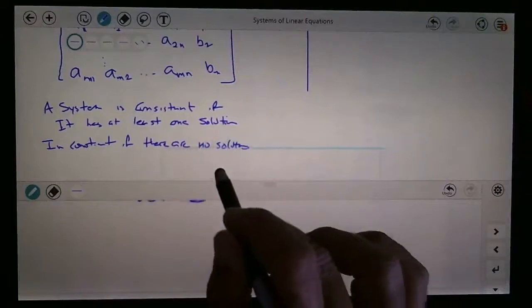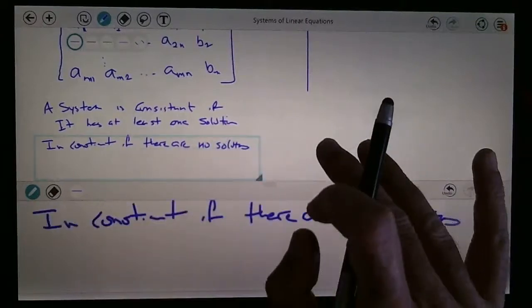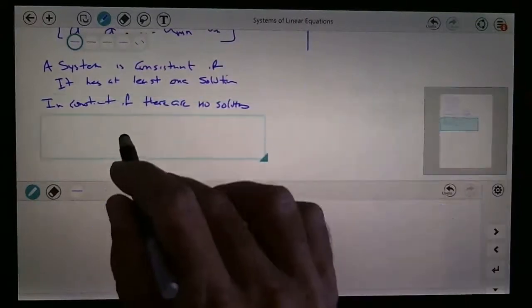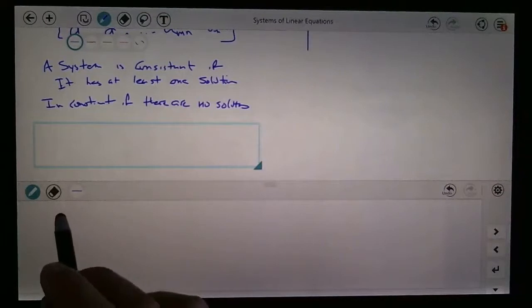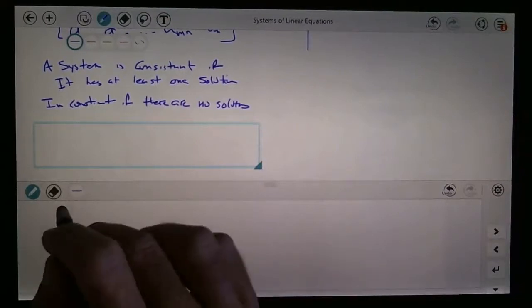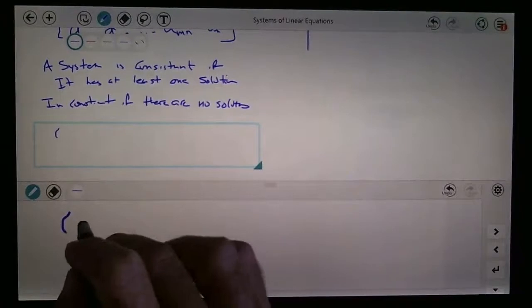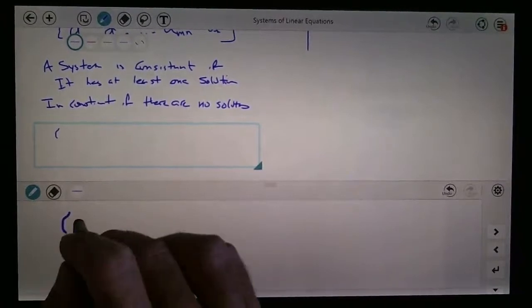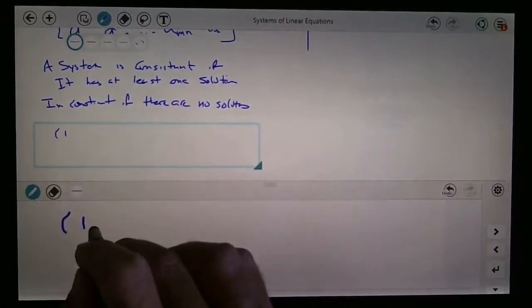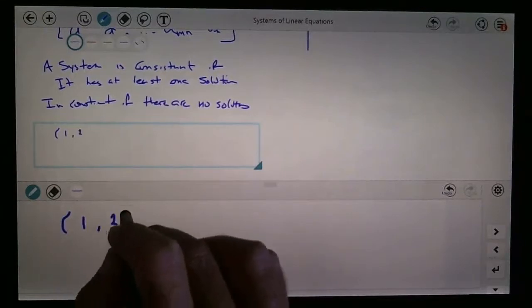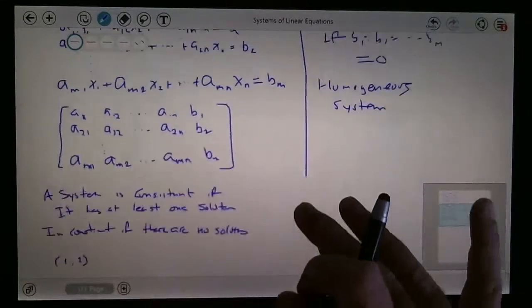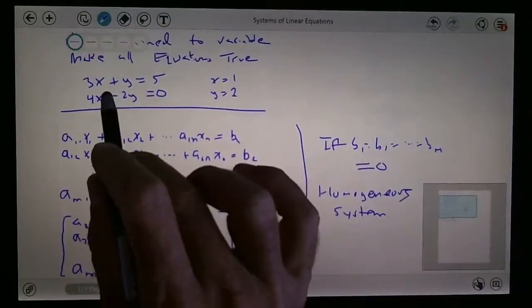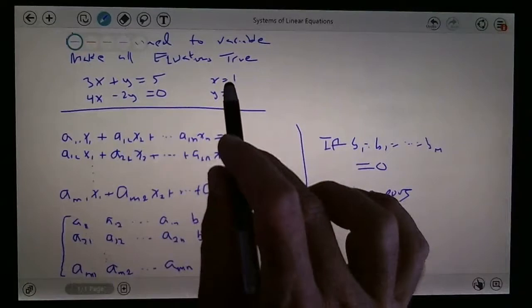And I just want to finish this video by pointing out that we represent solutions, rather than writing it all out, x1 equals, x2 equals, whatever, we will often just put the numbers in a set of parentheses with commas in between. So (1, 2), for instance, looking back up at the equation that I had here, this equation had this solution.